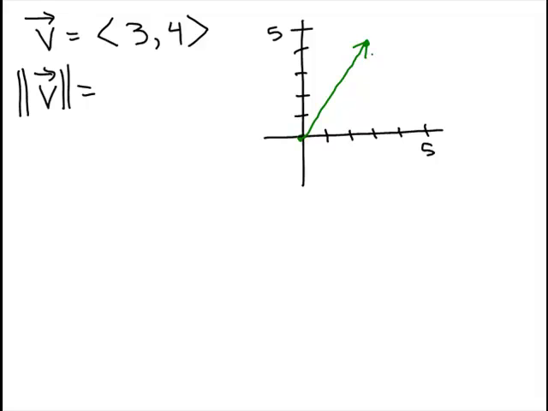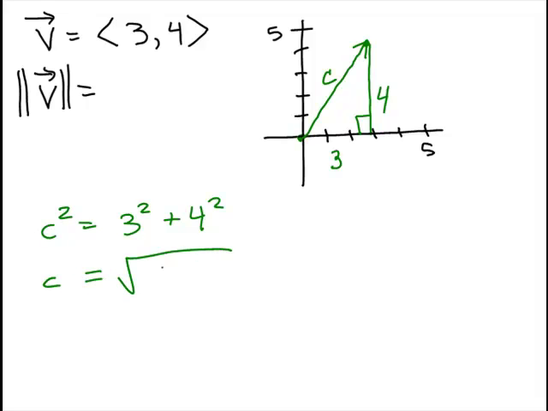And if I wanted to find its length, all I do is make a right triangle out of it, and I see there's 3 spaces here and 4 spaces here. And if I let that be c, I could use the Pythagorean Theorem. So how do we do that? We would say c squared is 3 squared plus 4 squared, right? I'm just going to leave it like that and not simplify it. So the length, c, would be the square root of 3 squared plus 4 squared.